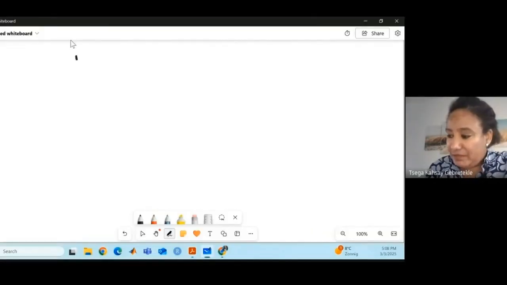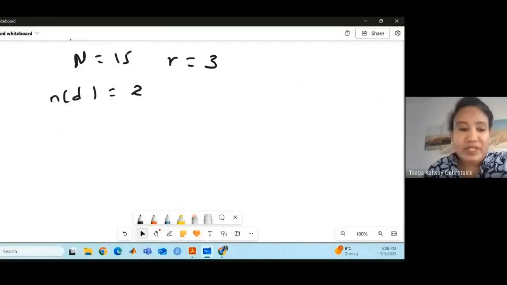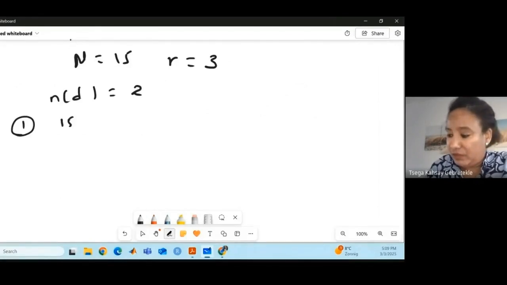We have N equals 15, R equals 3, number of defectives 2. The first question says without any restrictions. We are going to just select 3 out of 15, which is 15 combination 3, or I may also use this symbol.